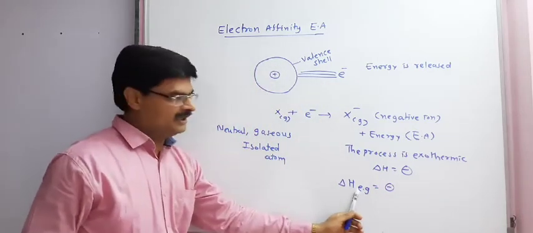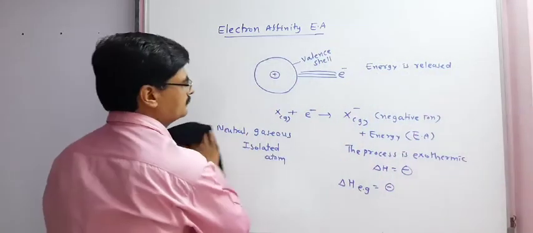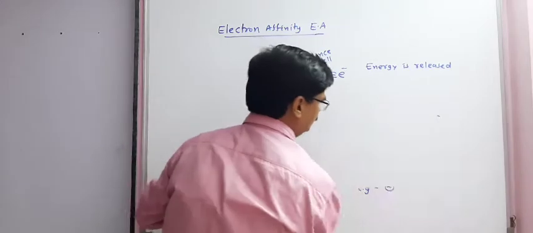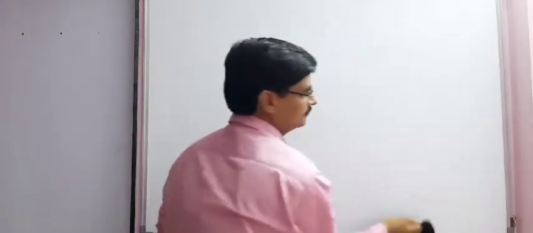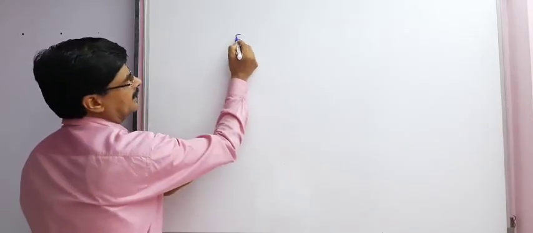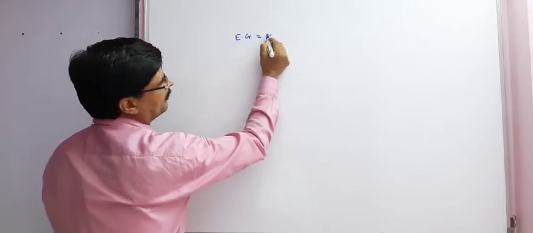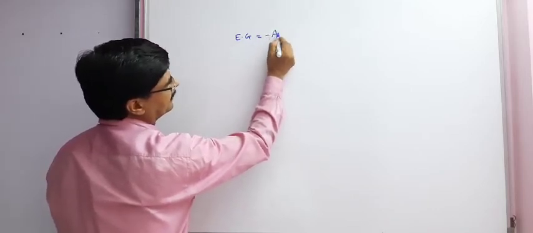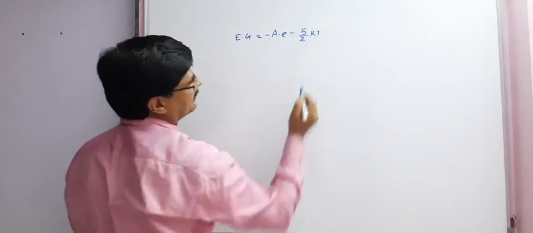Electron gain enthalpy and electron affinity are related. Electron gain enthalpy is equal to minus electron affinity minus 5 by 2 RT.